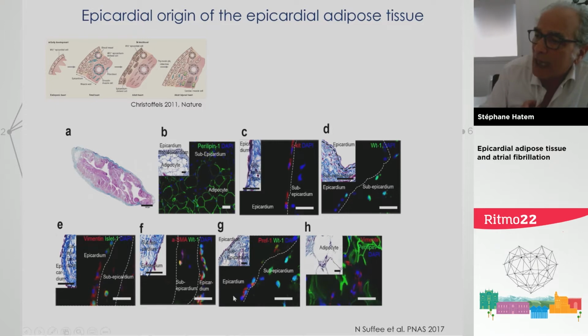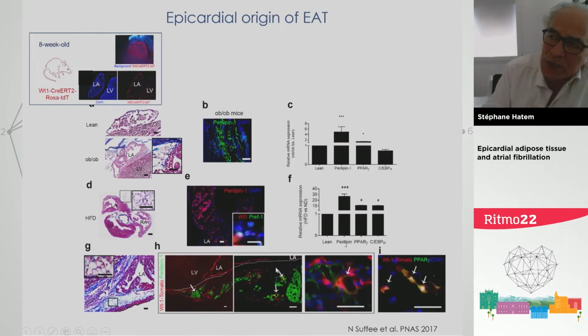For instance, we have here epicardial cells expressing Wilms tumor markers together with expression of mesenchymal cells observed in the subepicardium. So the question was, can progenitor cells resident in the epicardial layer be the source of adipocytes?